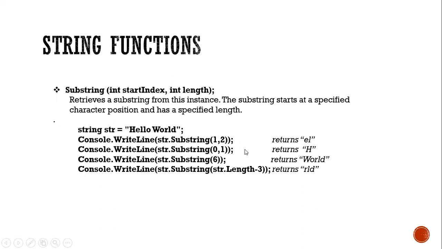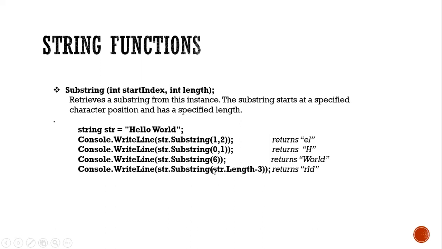So EL. Similarly, if I say 0, 1, I'm starting from the 0th index and picking up one character, which is H itself. If I say 6 and don't give the next parameter, it means you start from the 6th position, which is the W, and go till the end of the string, which is world.